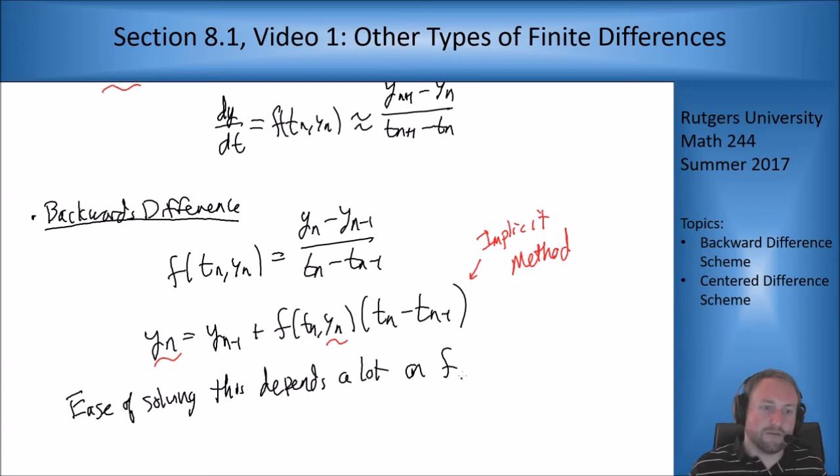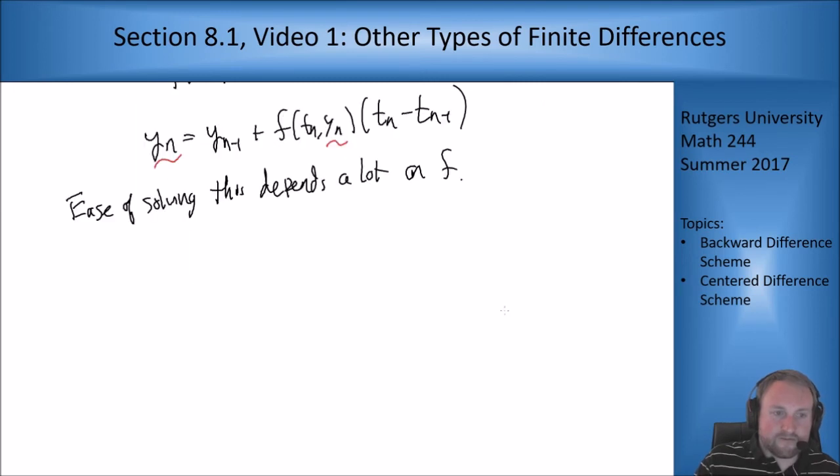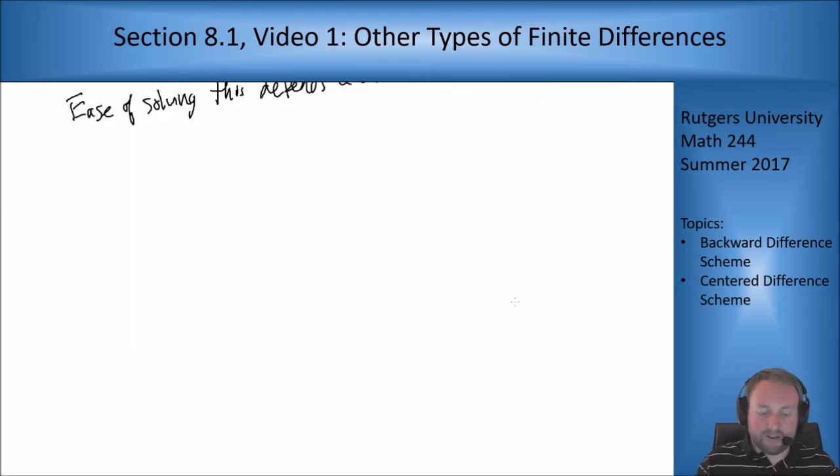Now, the other way we can think about this is doing some sort of average of the two. Instead of thinking of it at just the value at the beginning or the end, maybe I want to take the average of those two values and use that as my slope. So this is some sort of a centered difference approximation.